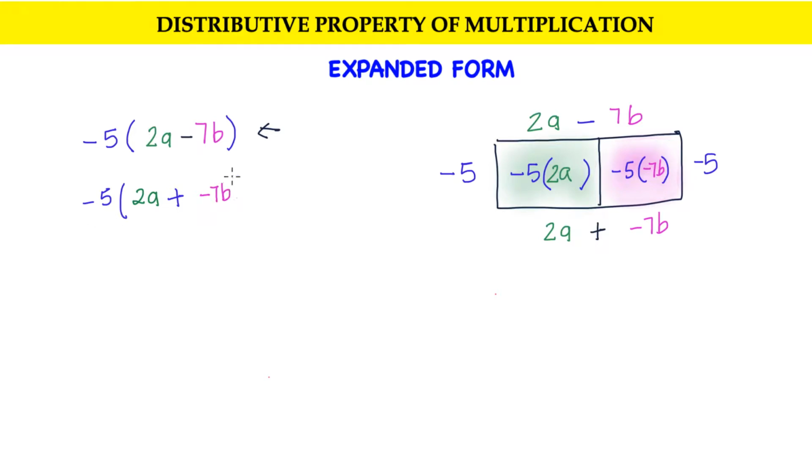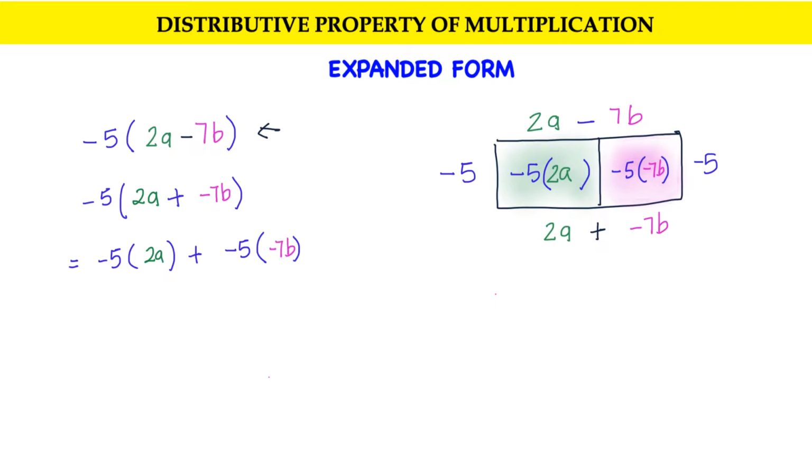So the area of the two rectangles put together would be -5 times 2a plus -5 times -7b.